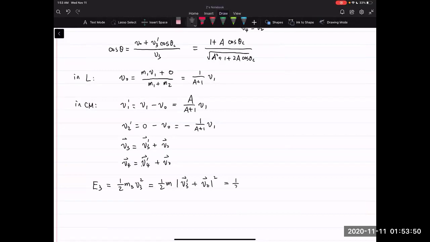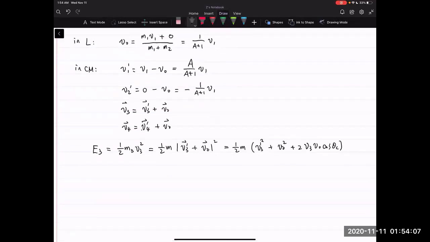So that would be equal to 1/2 M times V3 prime squared plus V naught squared plus twice V3 prime V naught cosine theta c.